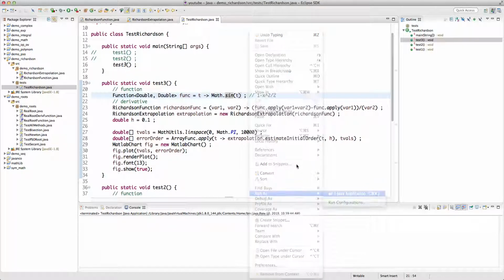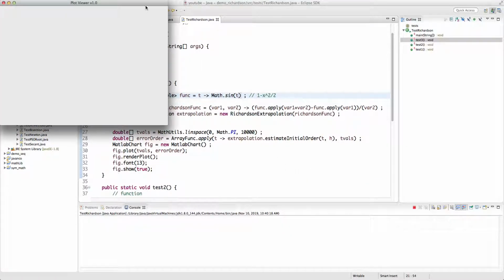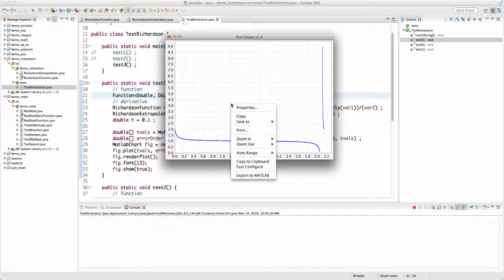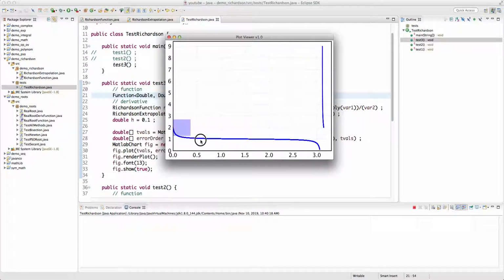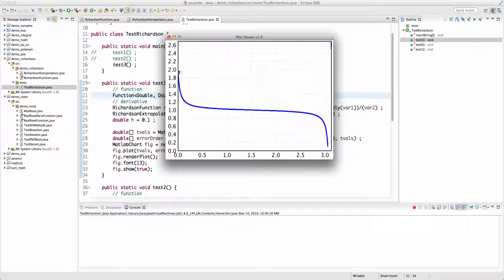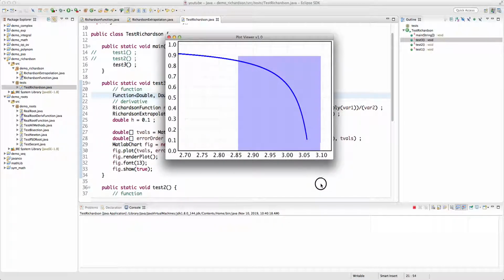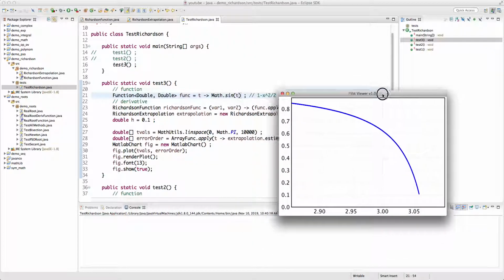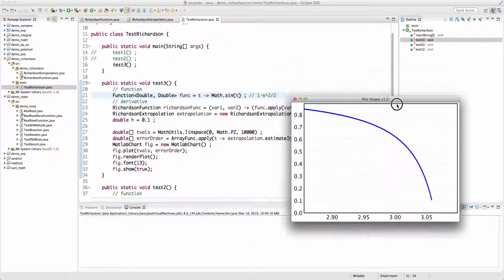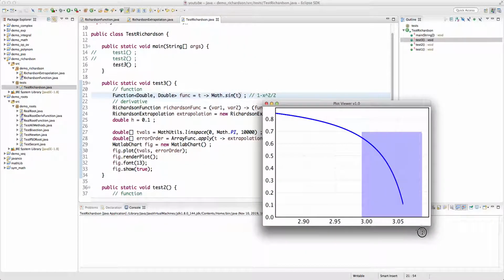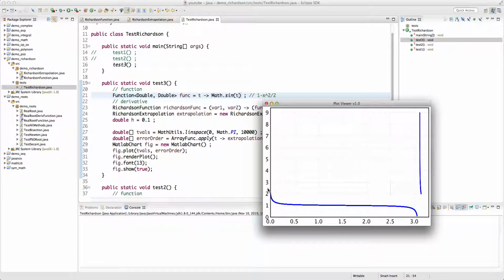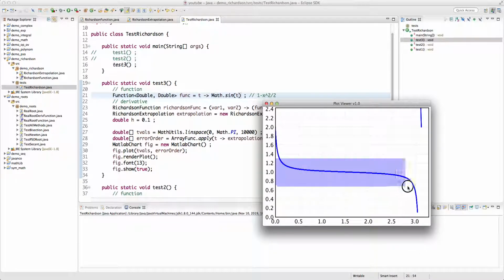Let's see what happens now. Yeah, so at sine, basically what happens here is that at 0 it is 2, and then the error comes around 1 as expected, and then goes to about 0 at pi. When the sine becomes 0, the estimated error is not well behaved, but we can still assume that it's 1.